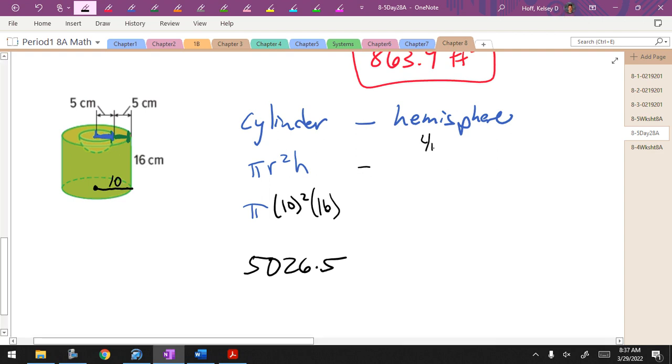Sphere, which is 4 pi radius cubed divided by 3, and then we have to divide that in half. On my hemisphere, just the scoop, what's my radius? 5. From the center to the edge of the hemisphere is 5.